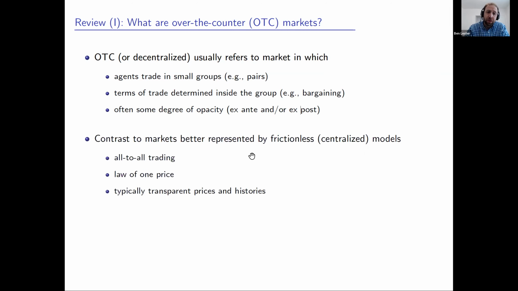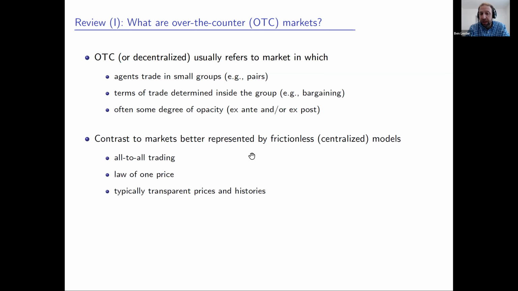So it's helpful to contrast the types of over-the-counter markets that I'm talking about with other markets that we think are better represented, at least, by more traditional frictionless or centralized, or you might say Walrasian, models of trade.